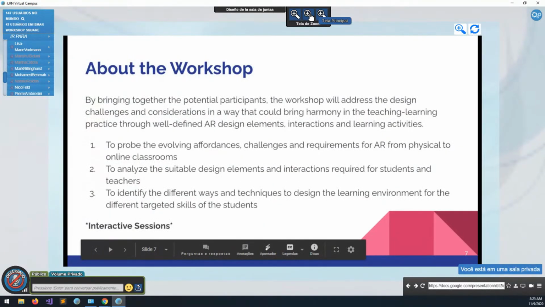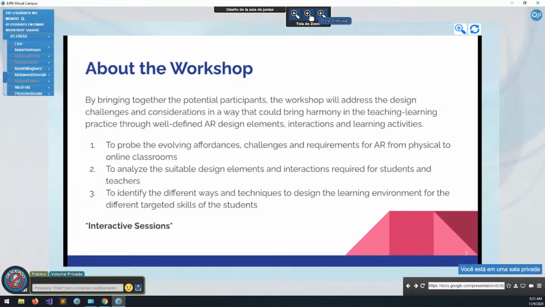So the entire goal of the workshop is to come together to probe into the evolving affordances, challenges, and requirements for AR in the context of classrooms, and to analyze the suitable design elements and interactions that are required for the key stakeholders, and to identify the different ways and techniques that can be used to design the learning environment for the targeted skills of the students.